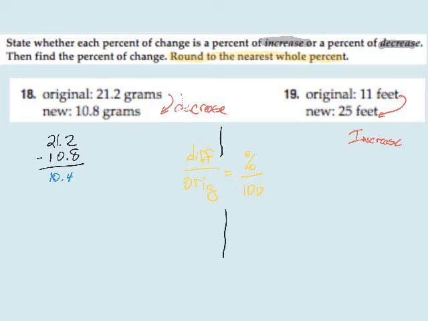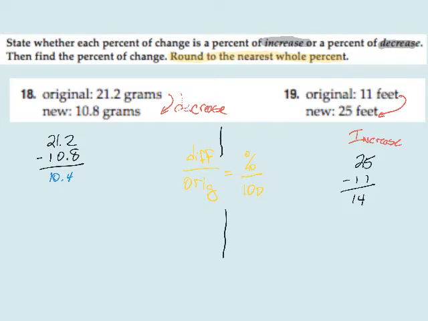On the other side, I'll do the same thing because I can do both of these at the same time. I'll take 25 minus 11. 25 minus 10 is 15, minus 1 more is 14. So my difference there is 14.